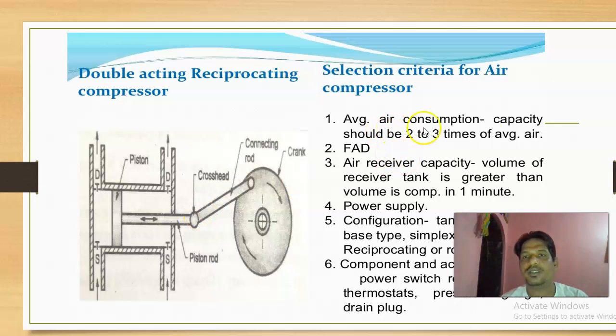Average air consumption capacity should be 2 to 3 times the average air. Then receiver capacity, that is the volume of the receiver tank, is greater than the volume compressed in 1 minute. Then power supply system, configurations and various accessories like power switch, relay, thermostat, pressure gauges and drain plug.